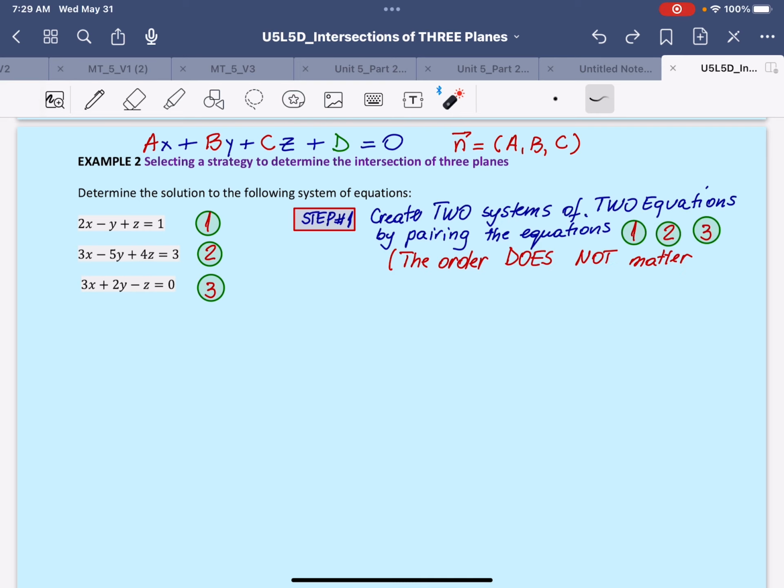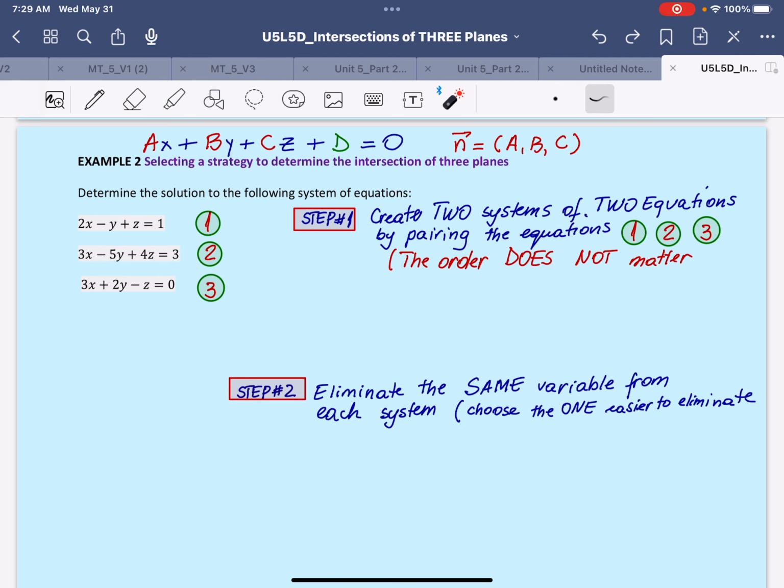Step number 1 is create two systems of two equations by pairing the equations 1, 2, and 3. Now, the order in which we do that doesn't matter. And step number 2, we have to eliminate the same variable from each system. We have to make a decision of which variable is easier to eliminate, but then we have to eliminate the exact same variable from the first and second system.